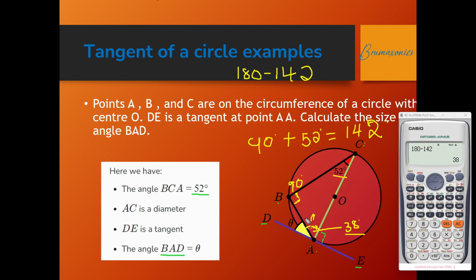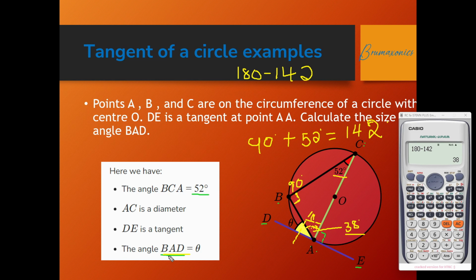So now we know that this is 38 degrees, and we are asking ourselves what will be the BAD down here if we do have 38 degrees. Remember, here this is 90 degrees, right? This is 90 degrees.